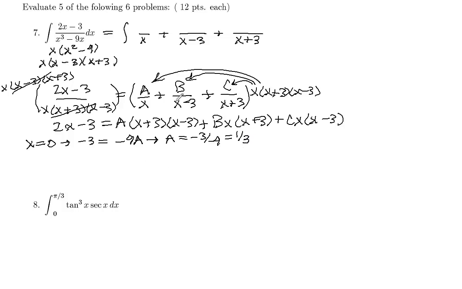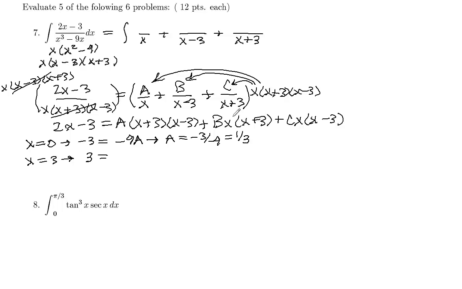And then we'll pick x equals 3. So plug in x equals 3 on the left and the right. So 2 times 3 is 6, minus 3 is 3 on the left-hand side. And then when you plug the 3 in here, you get 3 minus 3, that's a 0. So this term's going to drop out on the right. And then here, b times 3 plus 3.